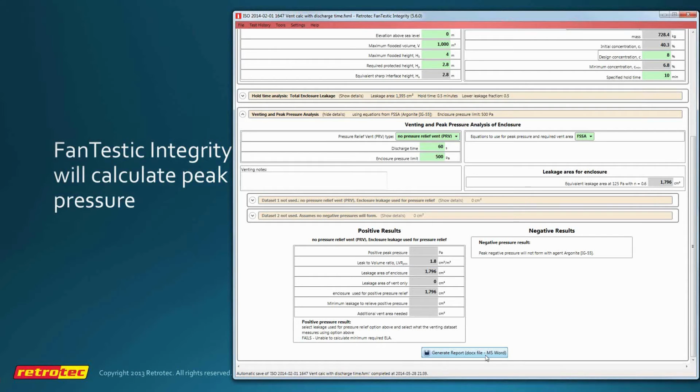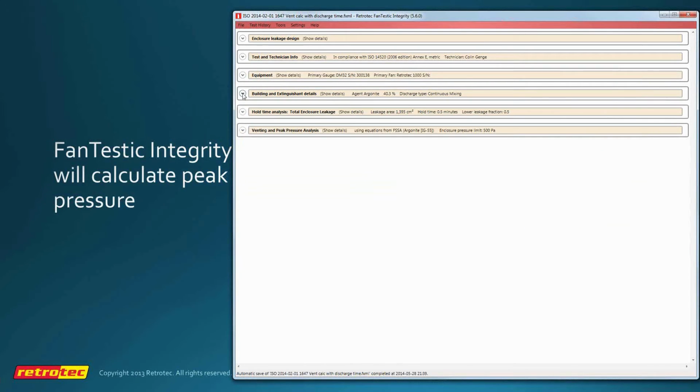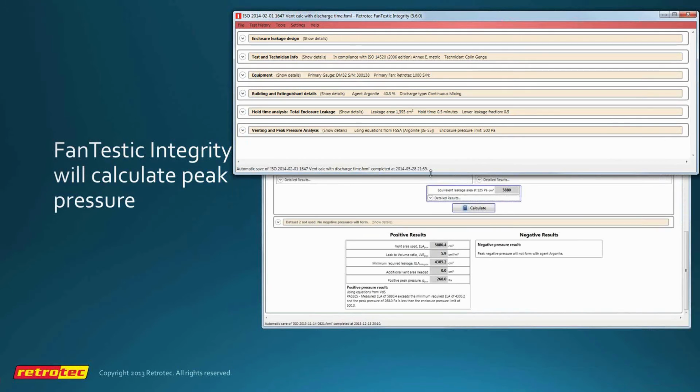It was always there. And it's a feature that is included with our licensed software version. So the current versions of our Fantastic Integrity software will give you an example test, but won't give you your particular test. So we're restricting the Word-generated reports to licensed users.